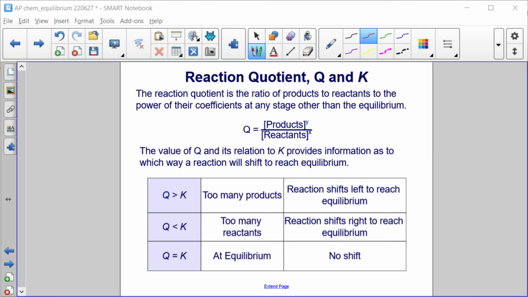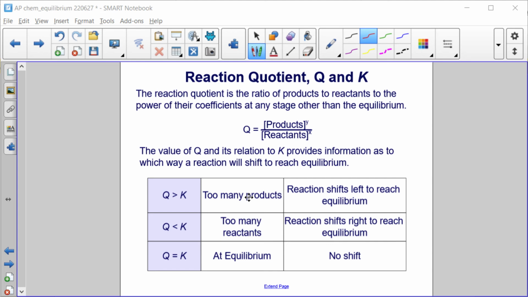The value of Q and its relationship to K provides information as to which way a reaction will shift to reach equilibrium. So if Q is greater than K, then there's too many products. This top part of the fraction is too big. Too many products. So the reaction will shift left or toward the reactants to reach equilibrium.